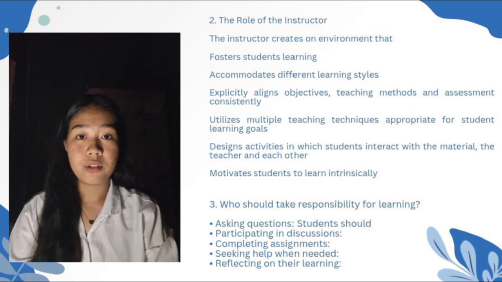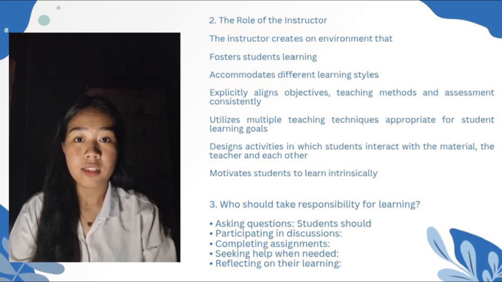Number 2, the role of the instructor. The instructor's role changes from lecturer to facilitator. They foster a learning environment. Creating a supportive and inclusive classroom where students feel comfortable taking risks and asking questions is crucial.